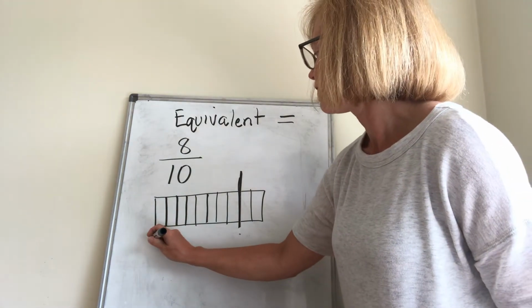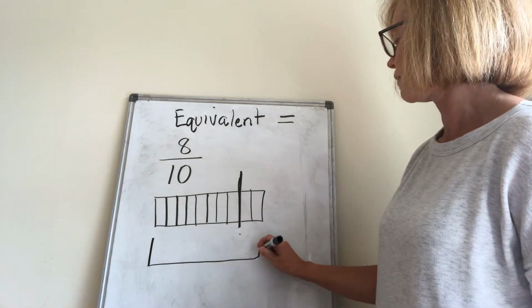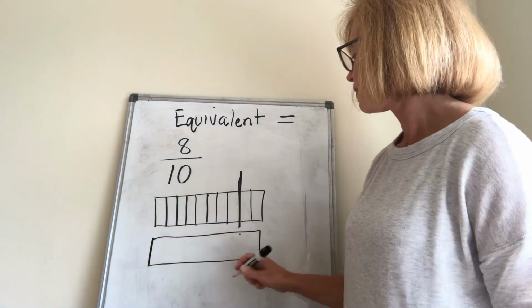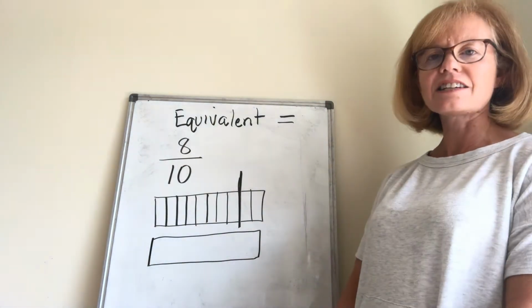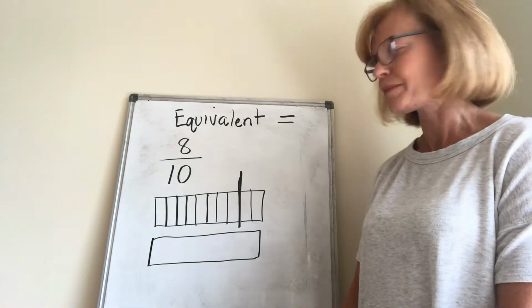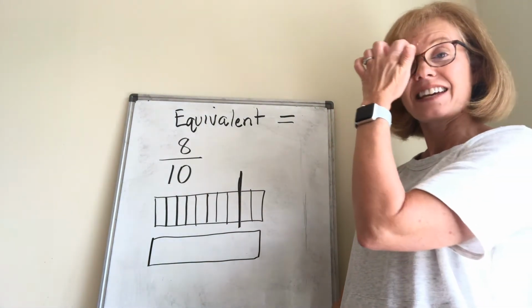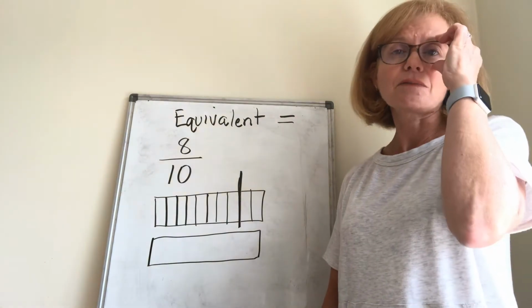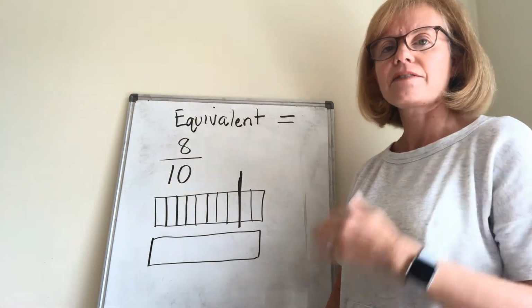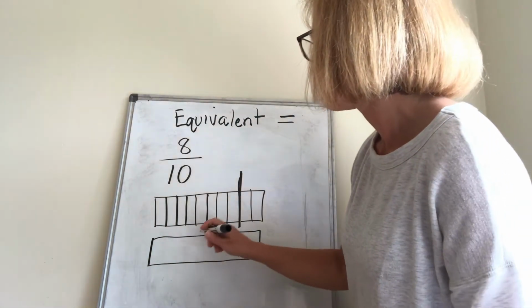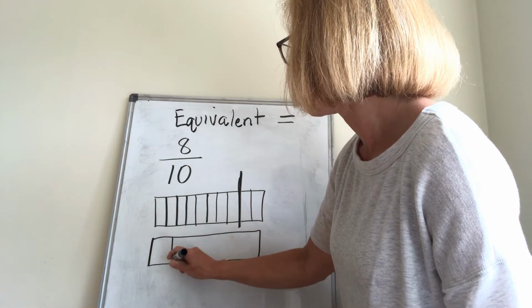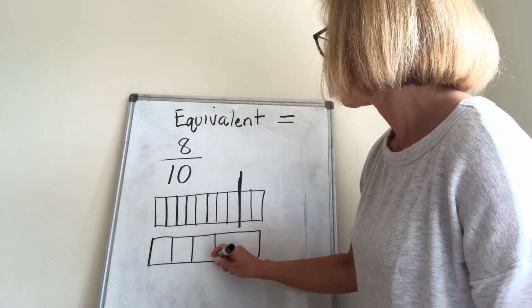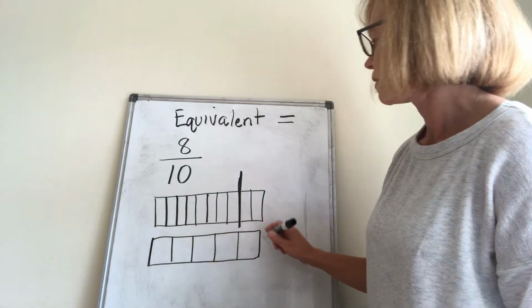If I had the same pan of brownies, and this time I didn't divide them into 10 pieces, I didn't have 10 friends over, maybe I only had 5 friends over. So I can now say 1, 2, 3, 4, 5.